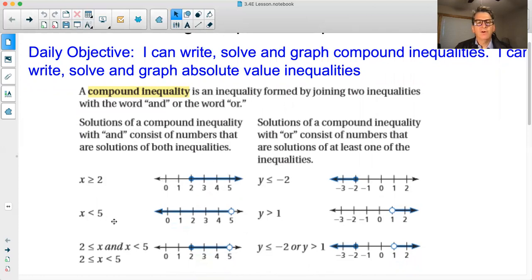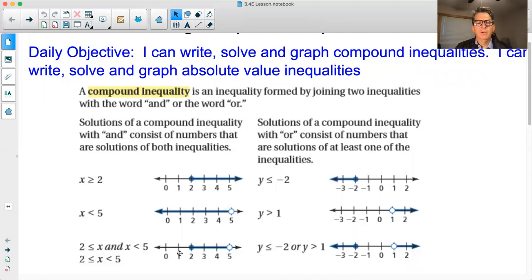X is less than 5 would be this graph here. And if you combine the two, x is greater than or equal to 2 and x is less than 5, you would have these values that are between 2 and 5. That includes the value at 2, but it does not include the value at 5.